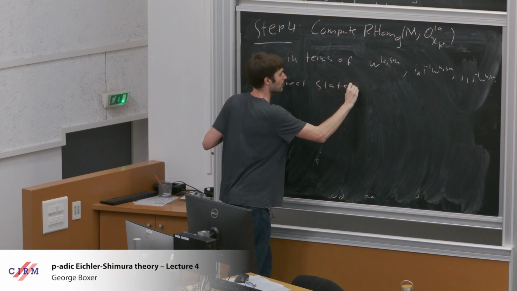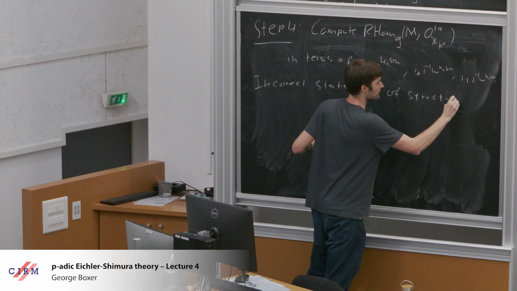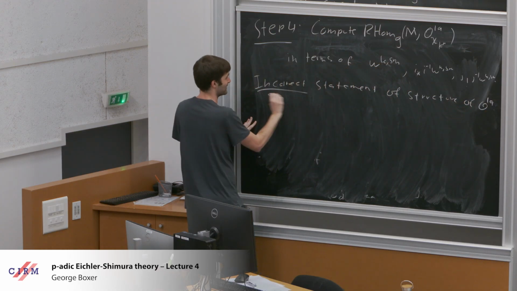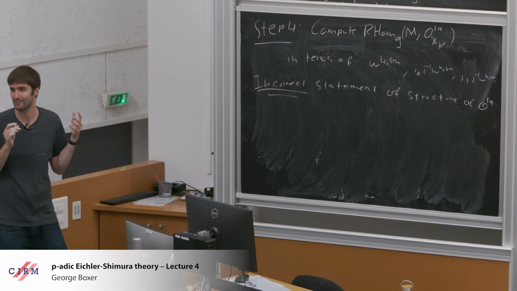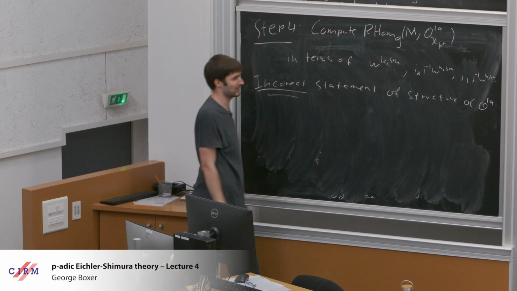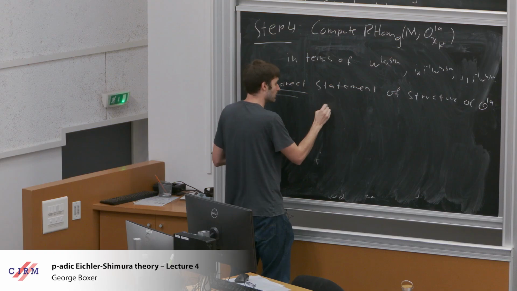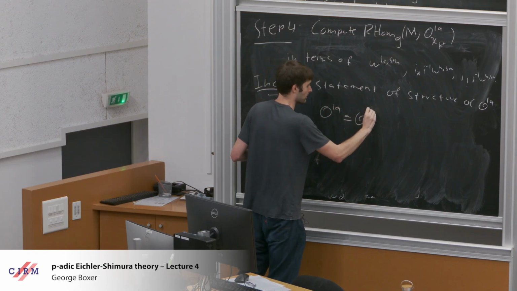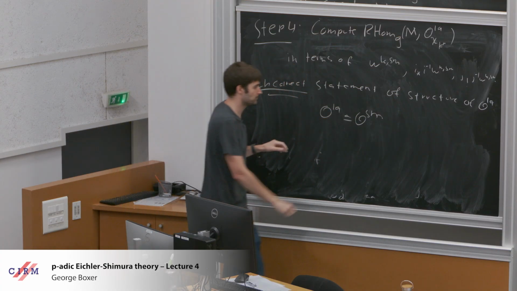And so the incorrect statement of the structure of O_LA. I can't emphasize enough that this is not correct, but it's a good fantasy to have, and I encourage you to just understand the argument this way, is that somehow you get O_LA from O-smooth by basically just adjoining 3 extra variables.